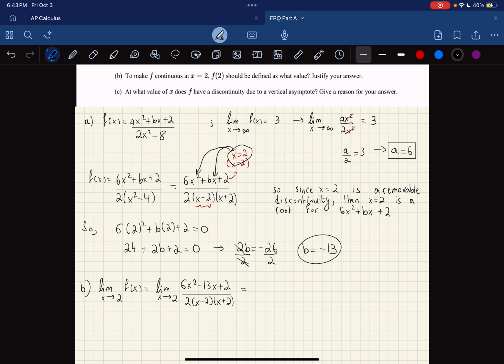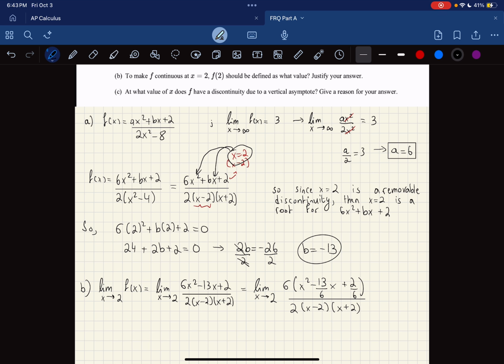Now, first things first, make sure that you take the 6 as a common factor in the numerator first, because people tend to make the mistake when they are doing mode 5.3 on the scientific calculator, they would forget that 6 is the first coefficient, so it never disappears. So you have to write it as x squared minus 13 over 6 x plus 2 over 6, over 2 into (x minus 2)(x plus 2).